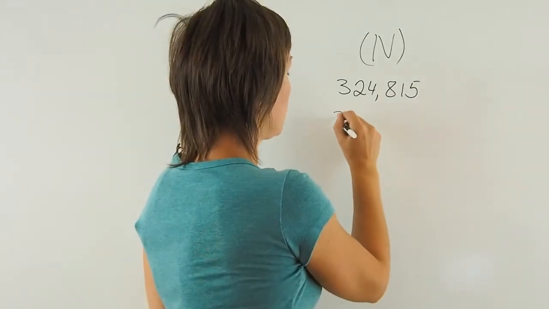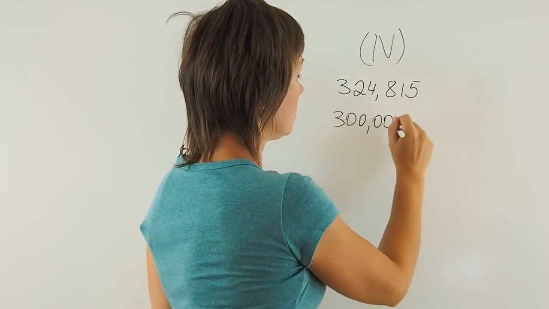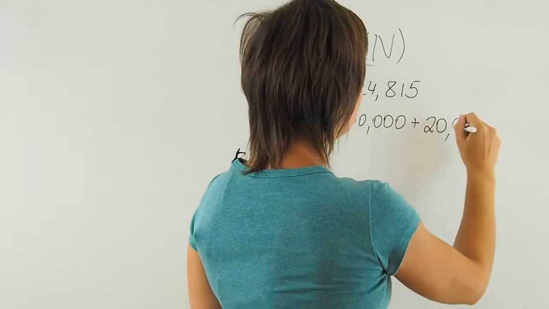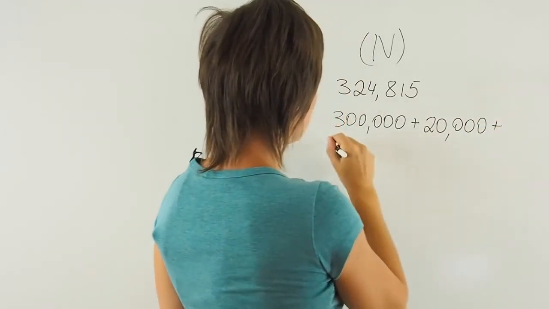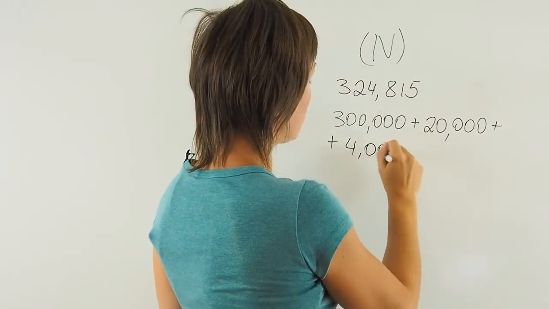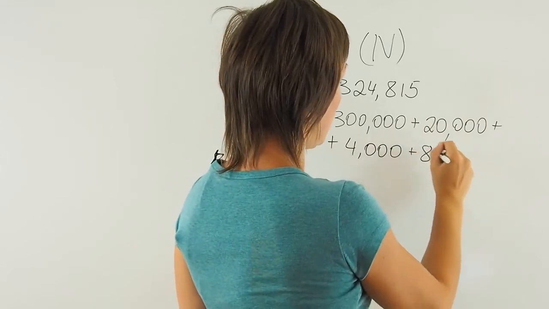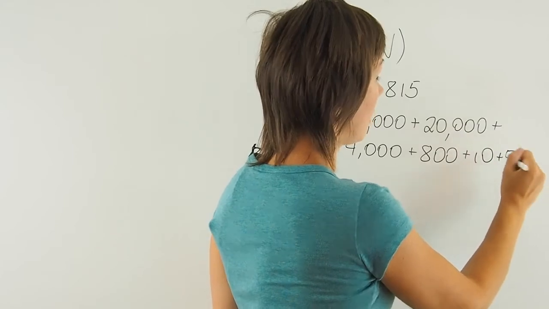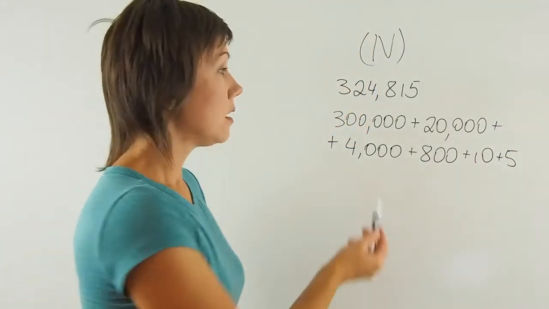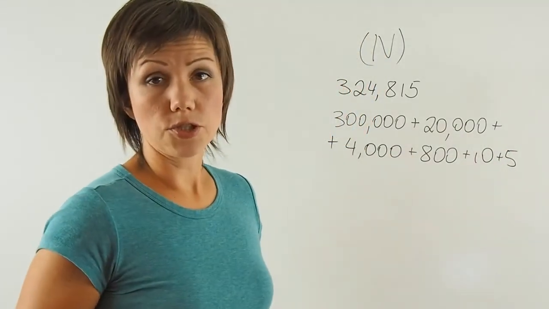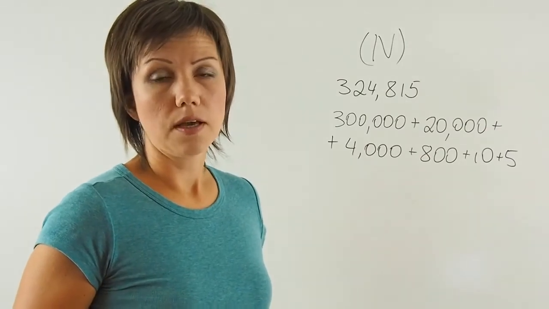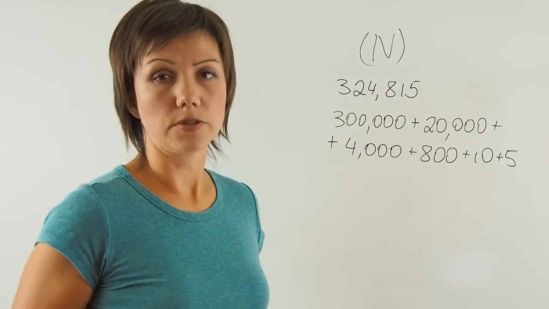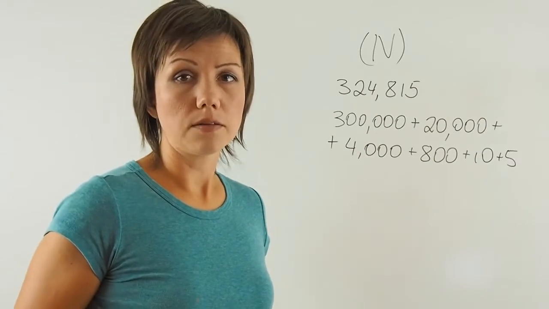So, 300,000 plus 20,000 plus 4,000 plus 800 plus 10 and plus 5. The place value of each number is very important, and it is especially important when we're trying to round the natural numbers. Let's look at that process.